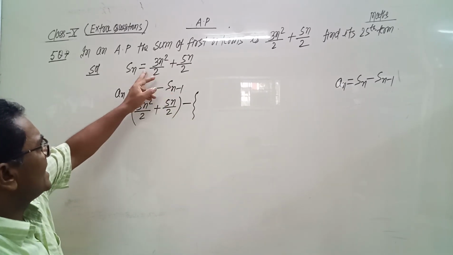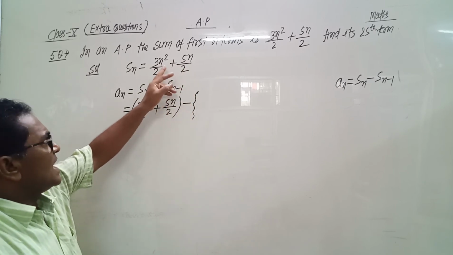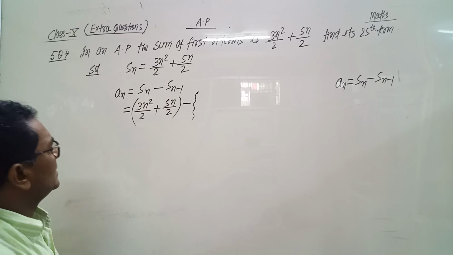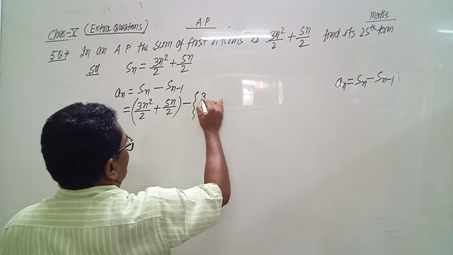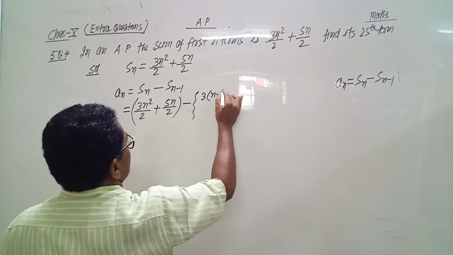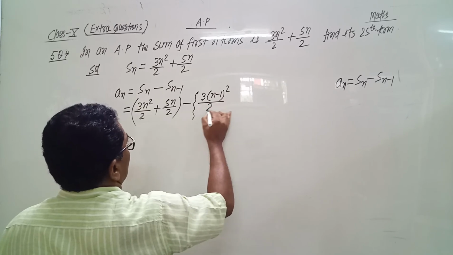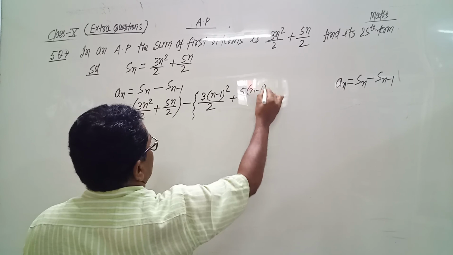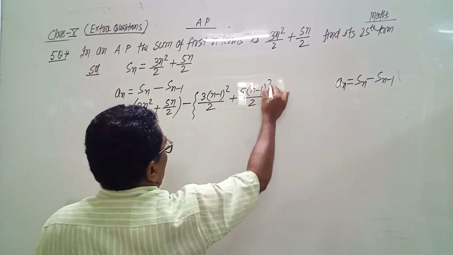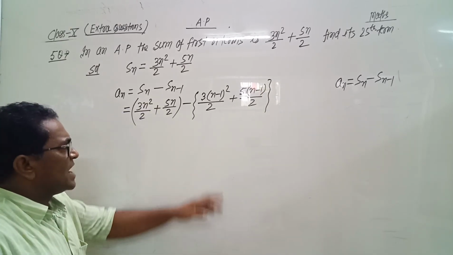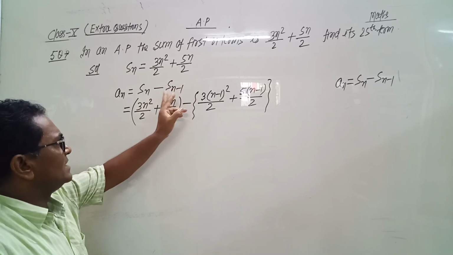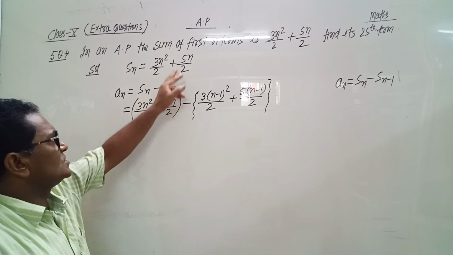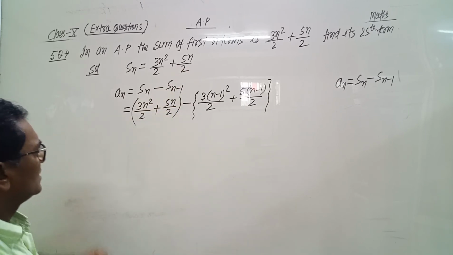For finding Sn minus 1, in place of n, we put n minus 1. So we get 3 into (n minus 1) the whole square by 2 plus 5 into (n minus 1) by 2. What we have done: for finding Sn minus 1, we put n equal to n minus 1.